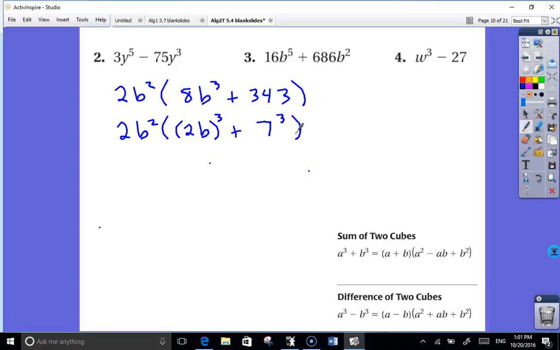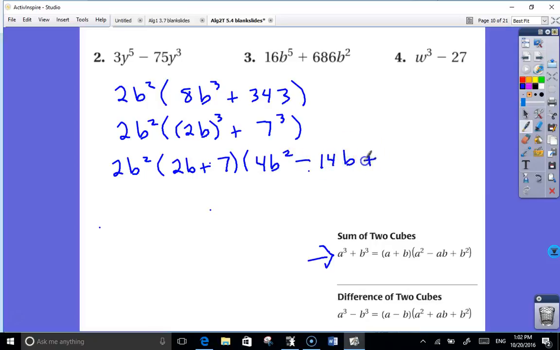Now we use the formula. In this case, the a is 2b and the b is 7. So it'll be 2b squared times 2b plus 7 times 4b squared, minus 2b times 7, which is minus 14b, plus 49.